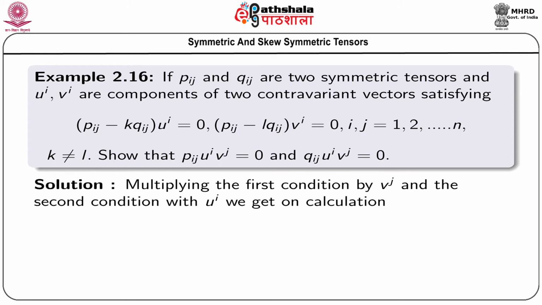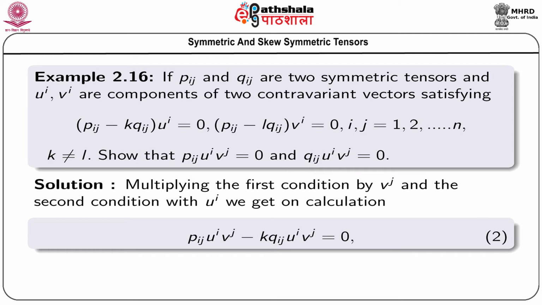So, multiplying the first condition by Vj and the second condition by Ui, we get, after calculation, Pij Ui Vj minus k Qij Ui Vj equals 0. So from the given two relations, we get this one.